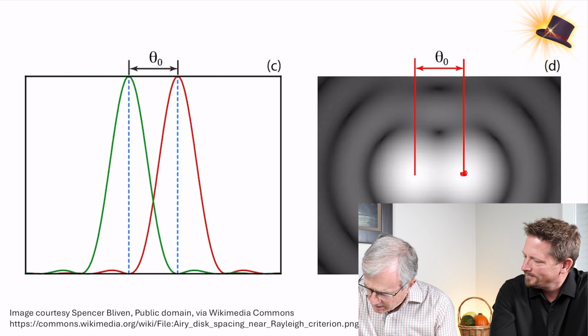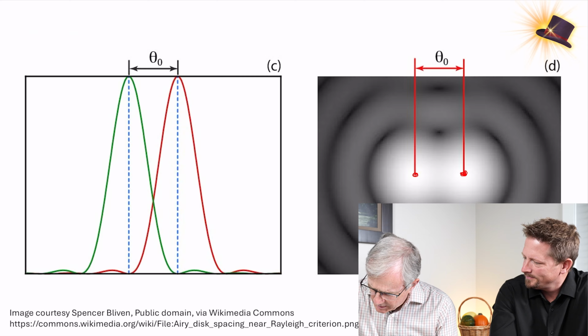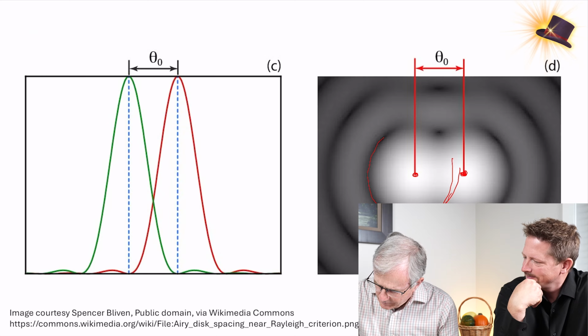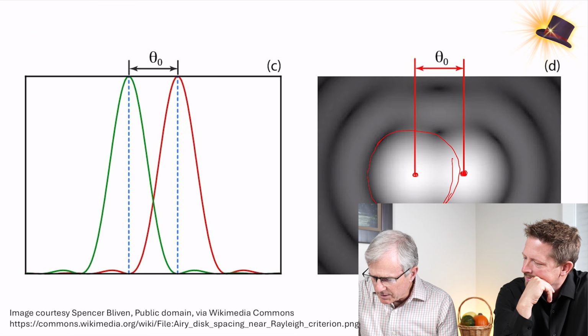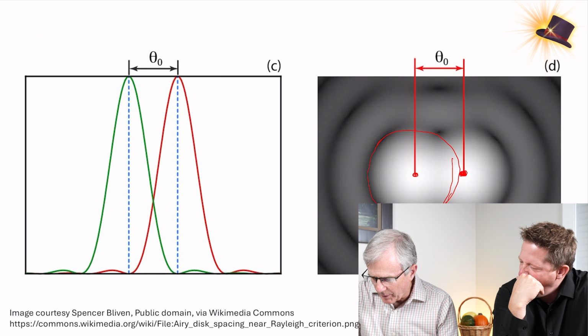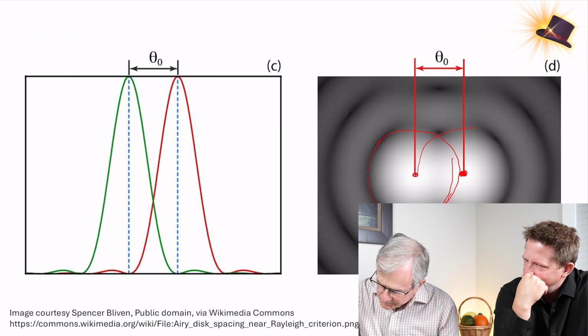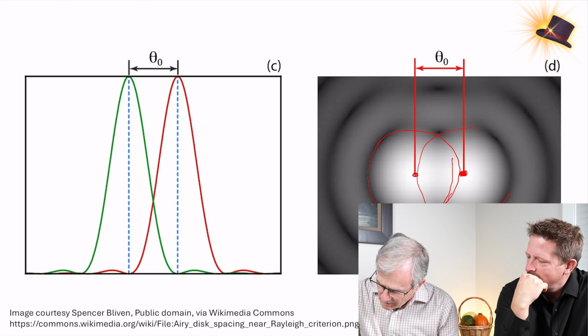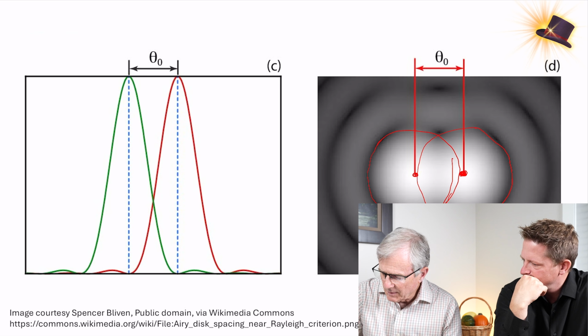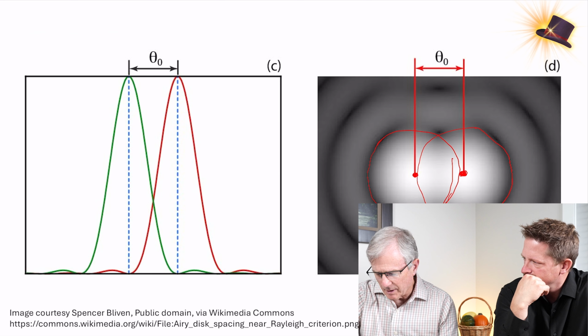So here's the center of the right star, the center of the left star. This black edge of the Airy disk of the left star coincides with the peak of the right star, and the edge of the Airy disk of the right star coincides with the peak of the left star.